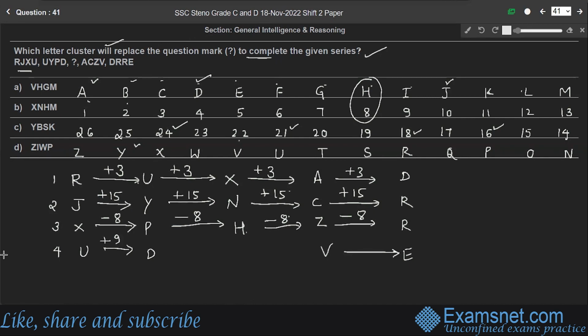Relation between V and E: V plus 9 is E. Therefore, we have to add 9 to the letter D. D is 4 plus 9 is 13, which is M. And M plus 9, M is 13, V is 22, so M plus 9 is V. Therefore, the third cluster is XNHM. XNHM, option B is the right answer.